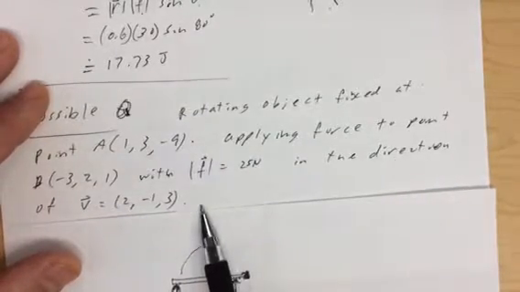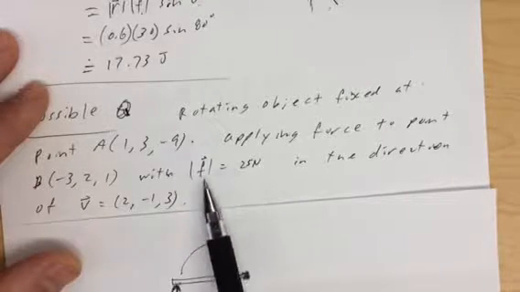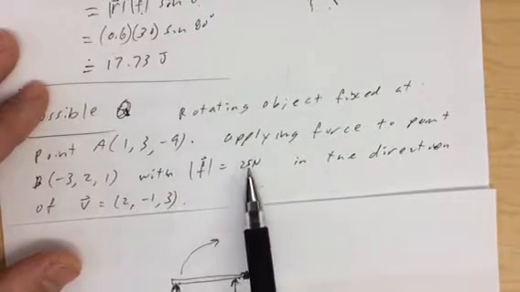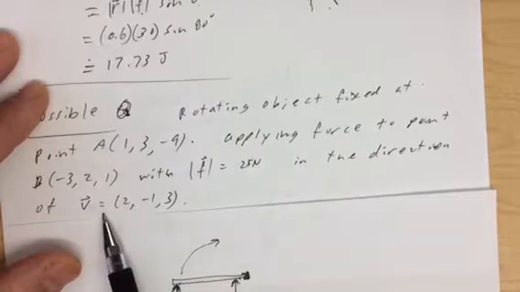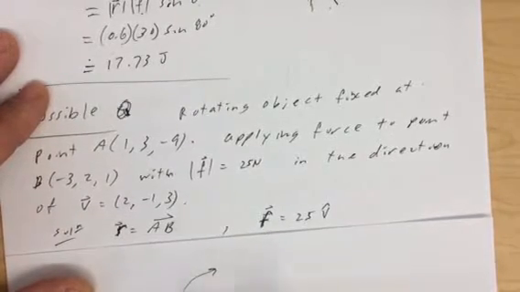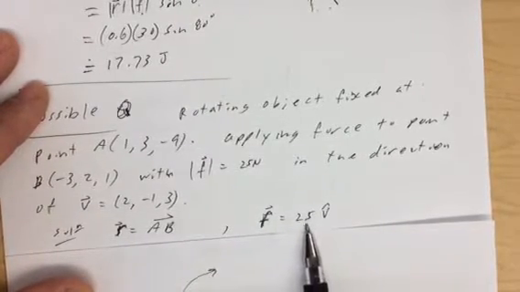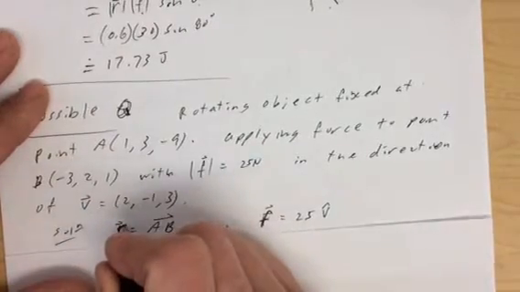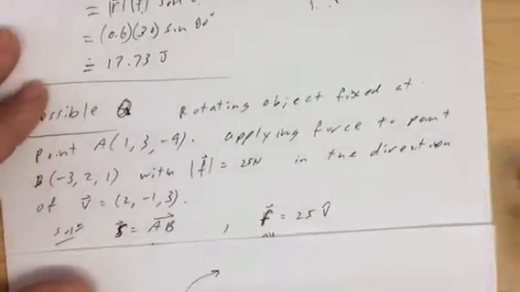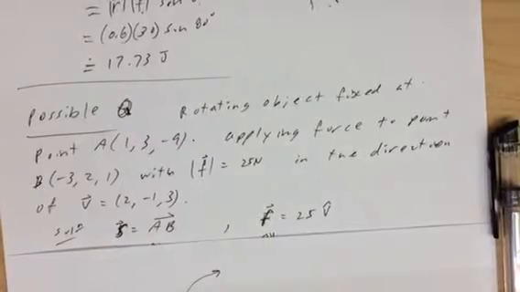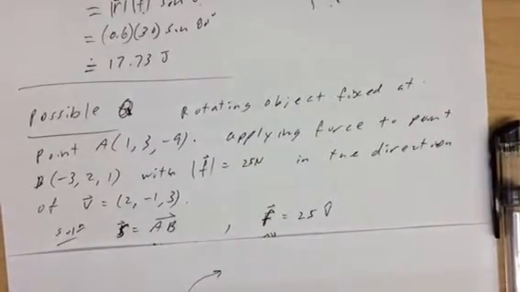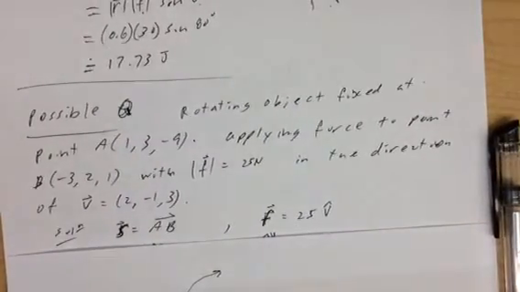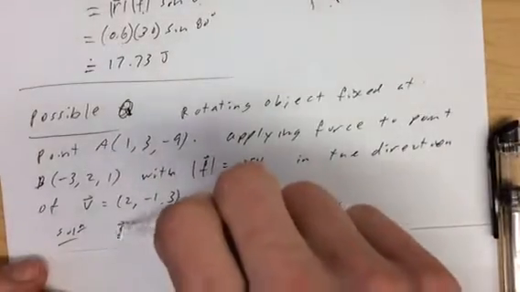Again, we need to find the force vector. It's going to be 25 newtons times the unit vector V. So there's the force vector, and then the radial vector. That's the radial vector, not S, and it will be AB.